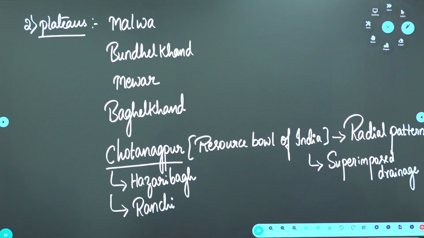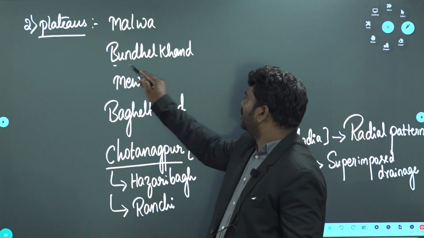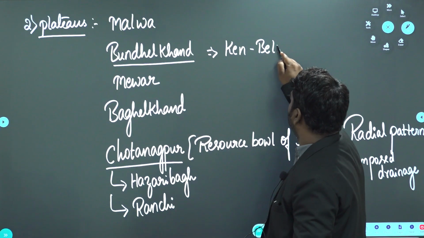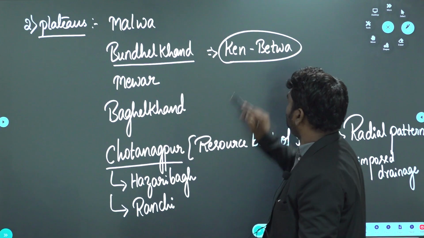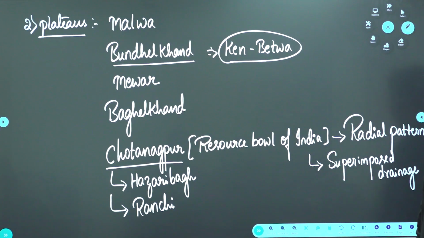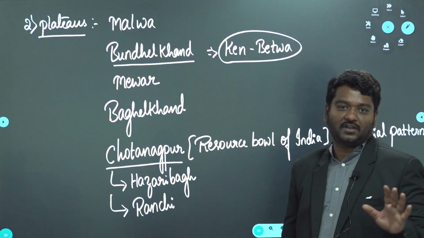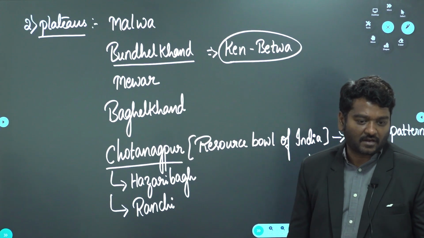Superimposed drainage pattern is also seen in Chota Nagpur Plateau. Done? Yes. This is important because of Ken-Betwa interlinking. See, most of them on the basis of news only they'll ask, but they'll ask the basics associated with that.